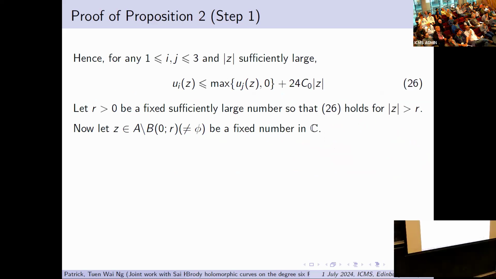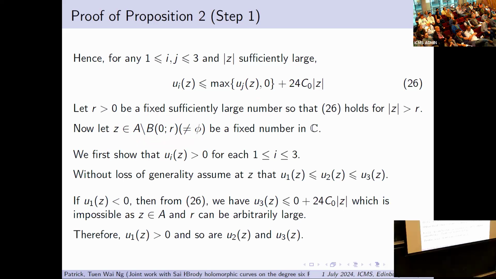And therefore you have this inequality. Now we assume our A is unbounded. And therefore if you take A away from a ball with radius R, it will be non-empty. So you can find a point inside here.